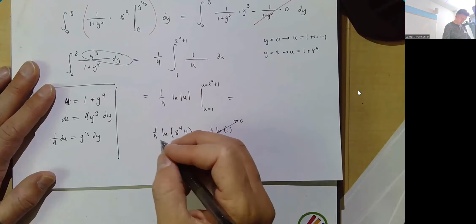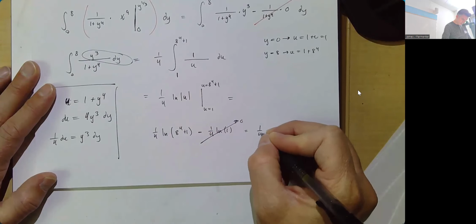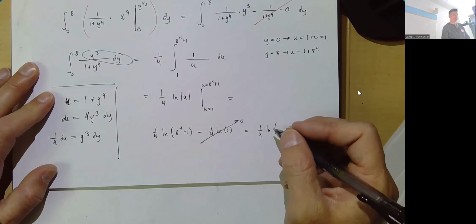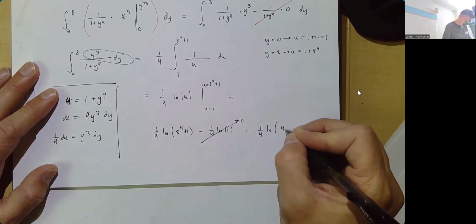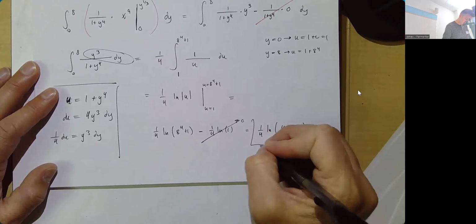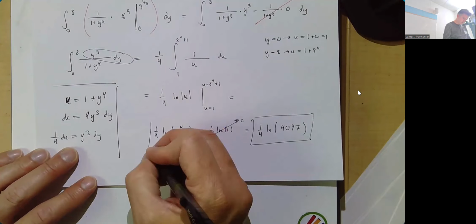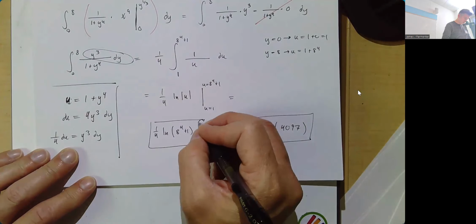So we end up with just 1/4 times the natural log of 8 to the 4th, which is 4096, plus 1. I think. Pretty sure. But that doesn't matter, right? You could have just written it like this, and that would have probably been the better choice.